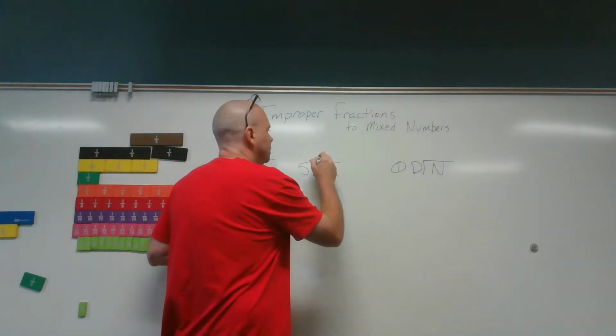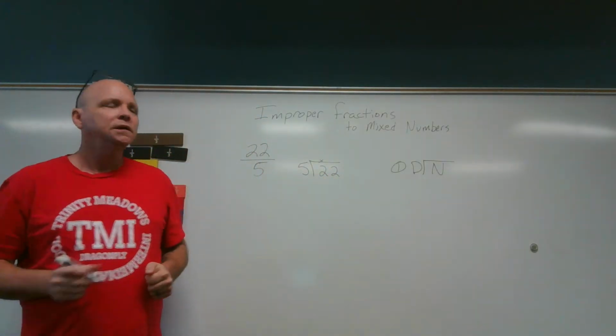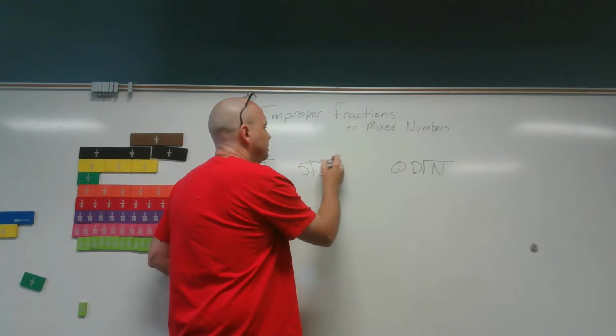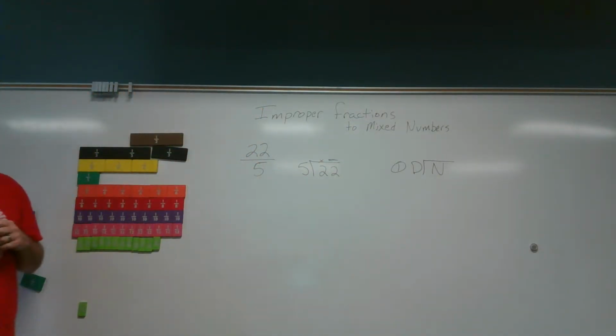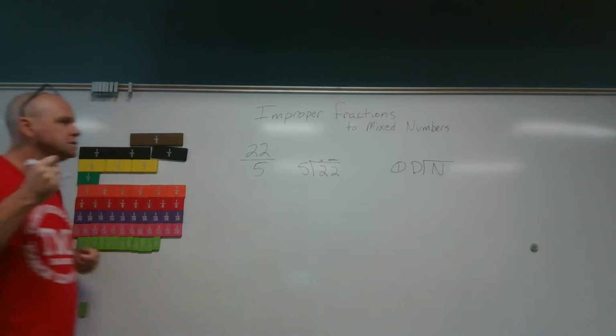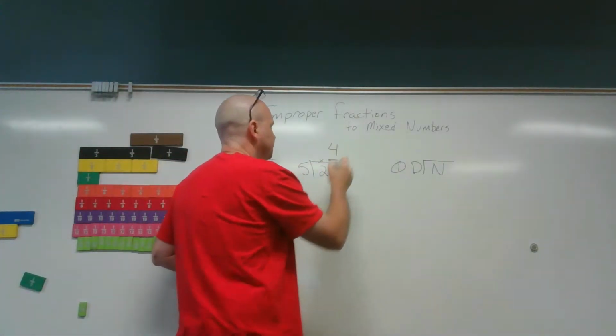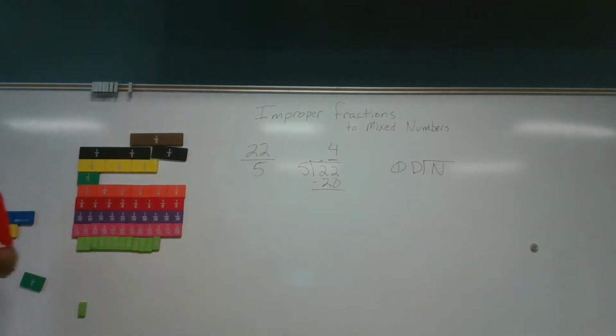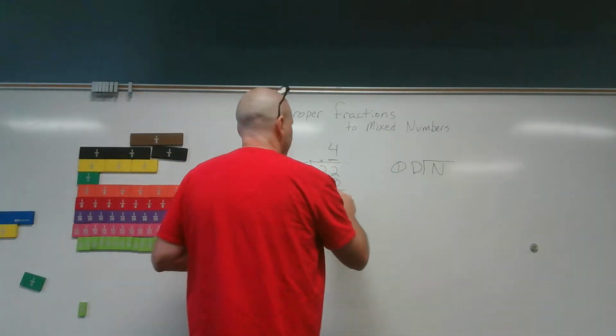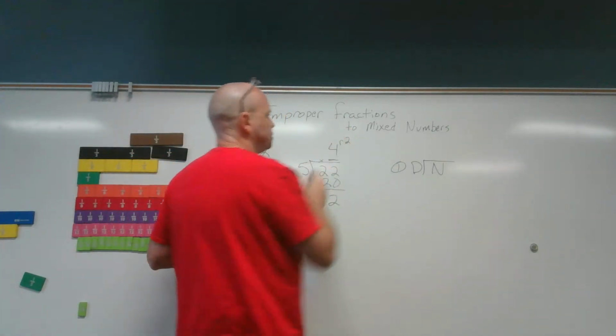No. Does 5 go into 22? Yes. I'm going to have a one-digit quotient. Ian, how many times does 5 go into 22? 4 times. Ian, what is 4 times 5? 20. Ian, what is the difference between 20 and 22? 2. So I have 4, remainder 2.